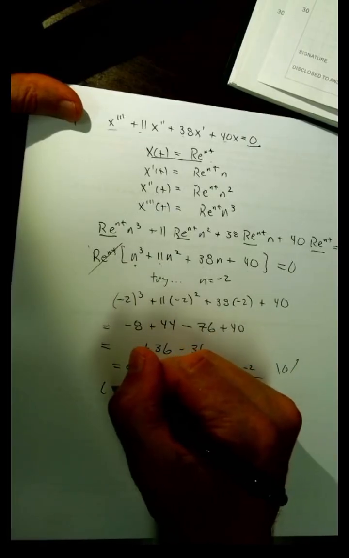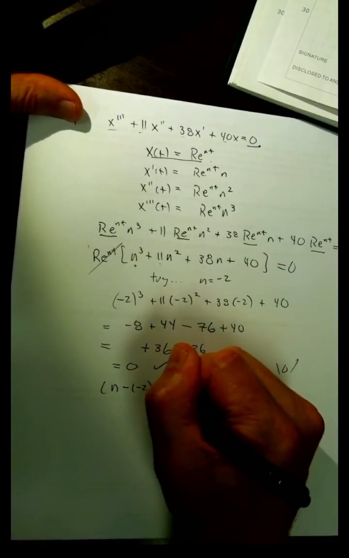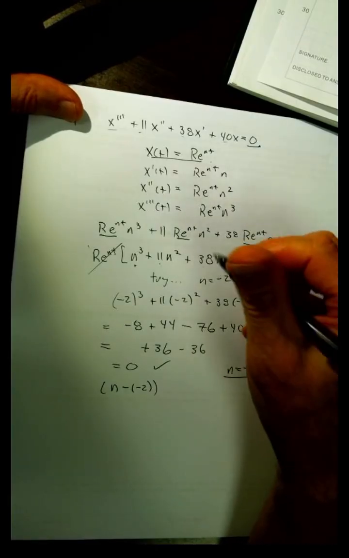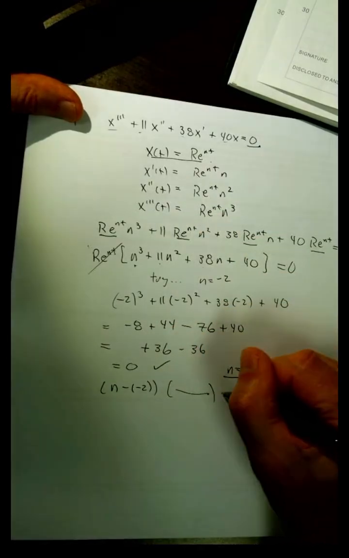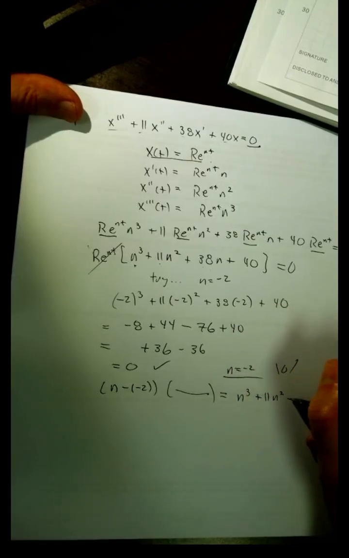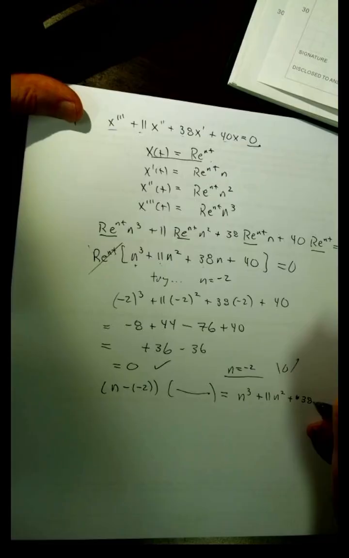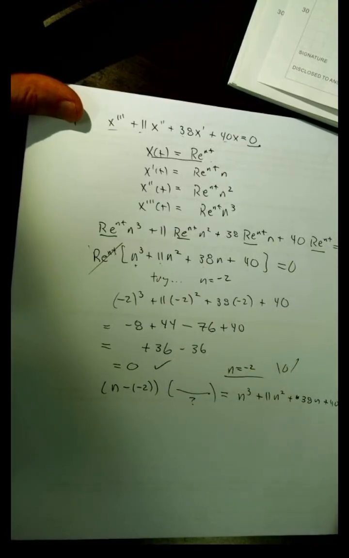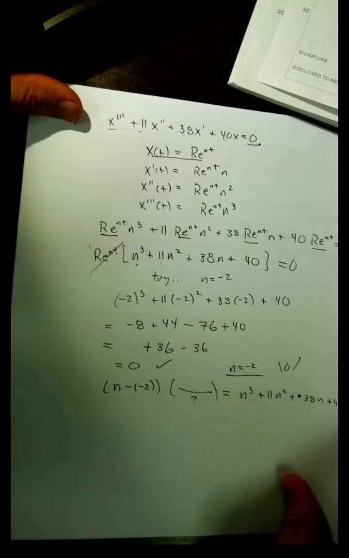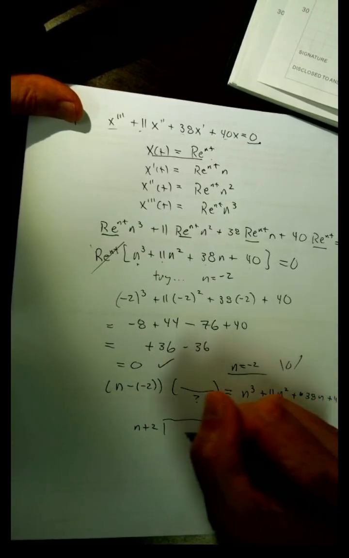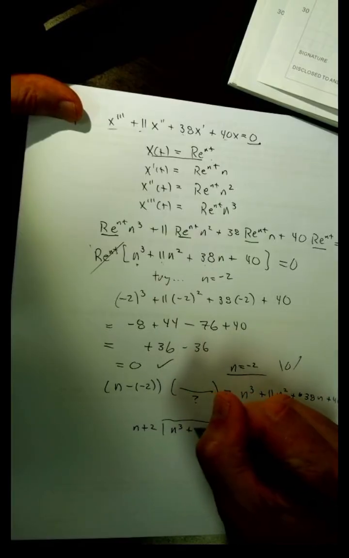That means n plus 2 is a factor of my original cubic. I just need to figure out what the other factor is. But that means that I can factor out n plus 2 from this cubic.